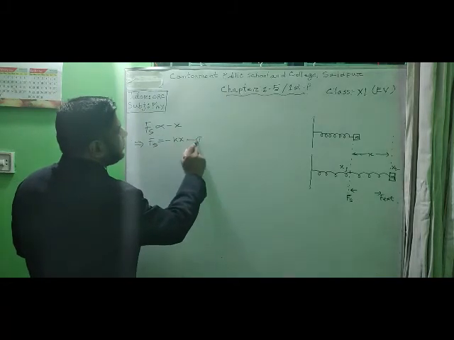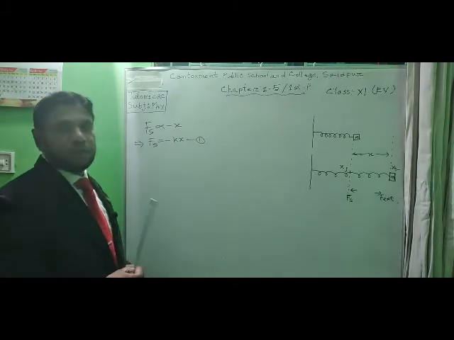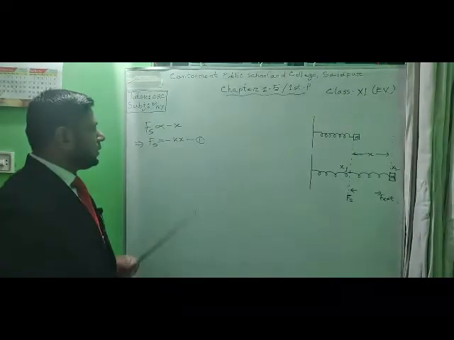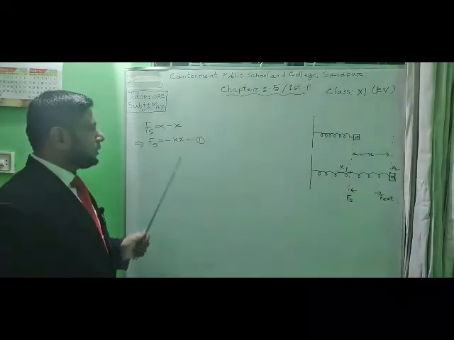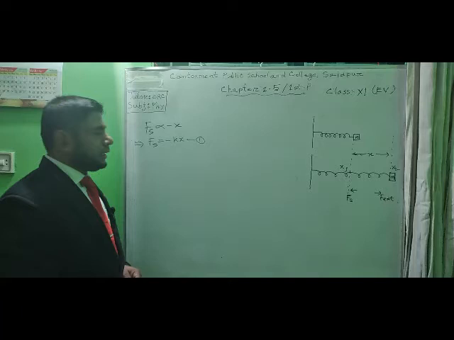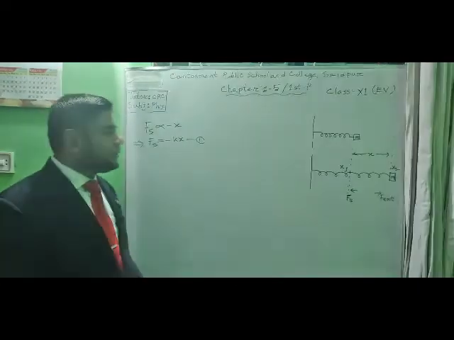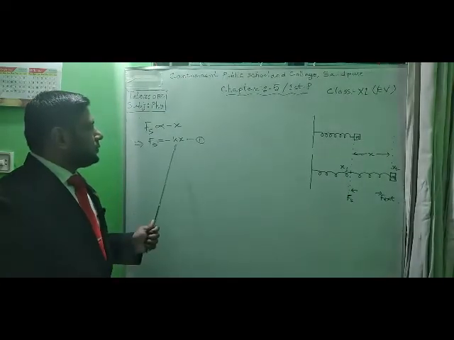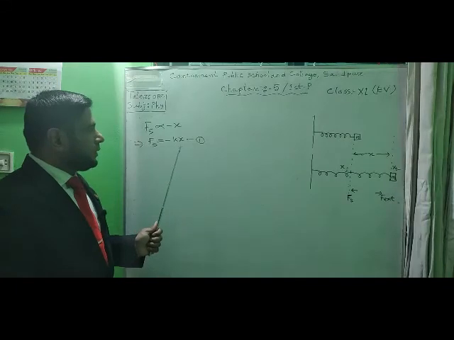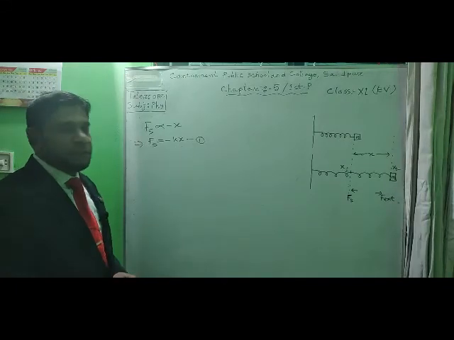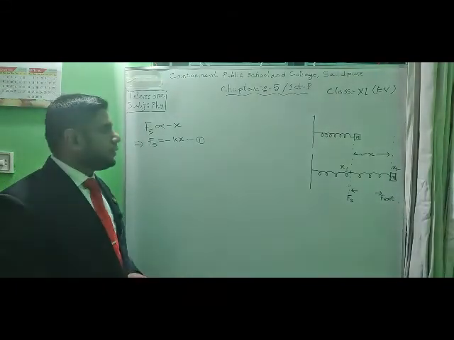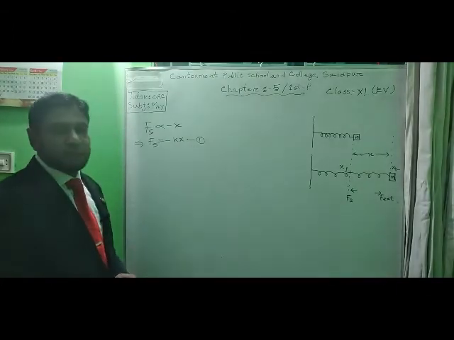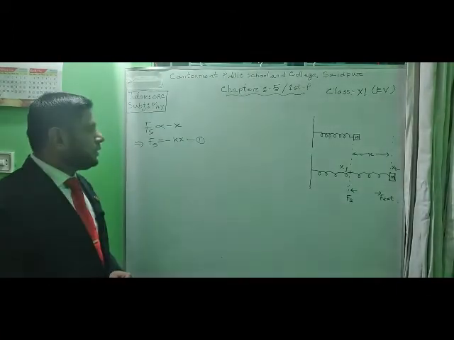Here k is a constant value, and this constant is known as the spring constant or force constant. Here is another important piece of information for students: you will surely face the spring constant as a knowledge type question, what is called the spring constant, and it is also important for understanding based questions.